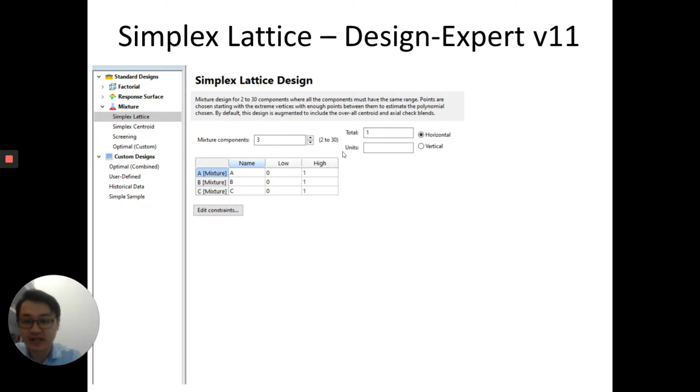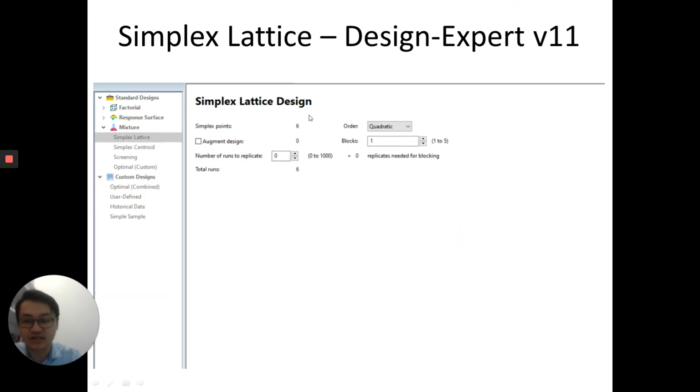Then from here, once you choose the three components A, B, C, you can actually name them, for example, alcohol, water, oil, anything based on your formulation. So when you click next, you will come to the simplex lattice design. Augment design and the replicates you select to 0. Then the order quadratic.